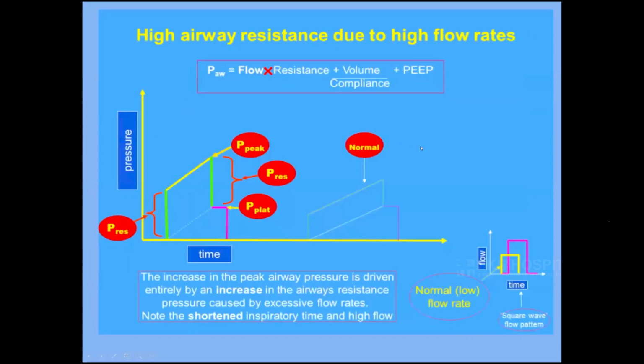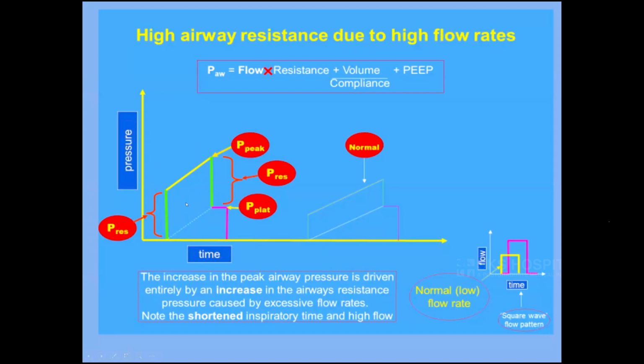How about we have another patient where we have dialed in excessive flow. The flow is very high. The graph itself looks pretty similar, but I would like you to focus on the time duration taken to reach the peak. That is lesser. So typically there is a shortening of the inspiratory time that tends to happen with increased flow, as against increased resistance.